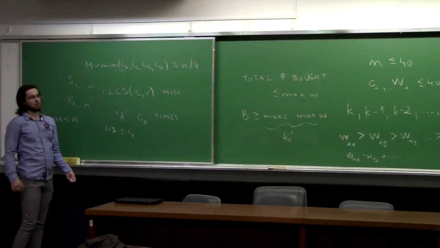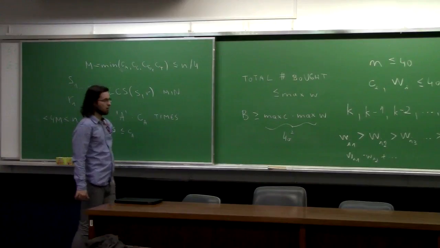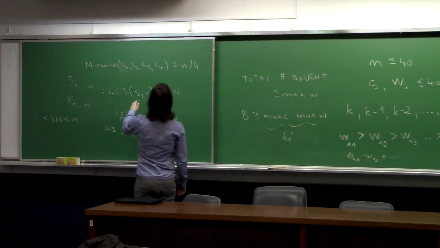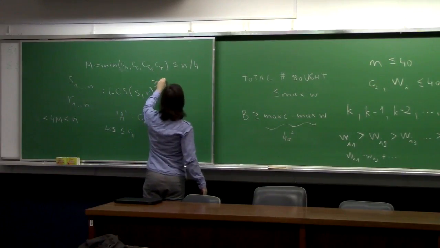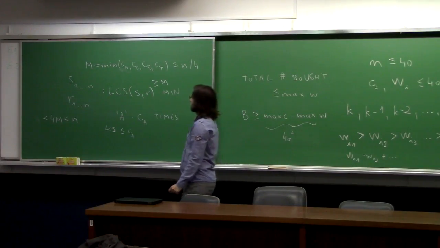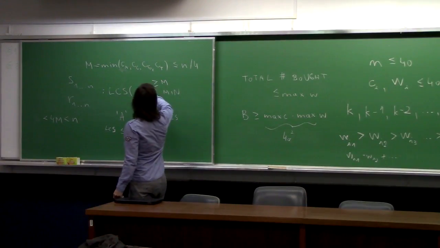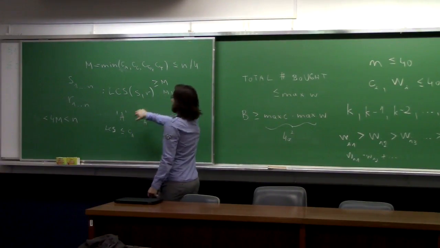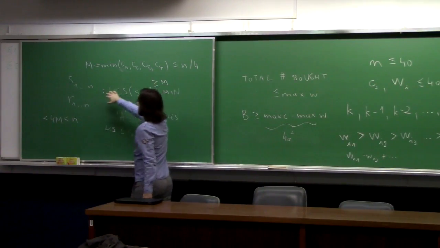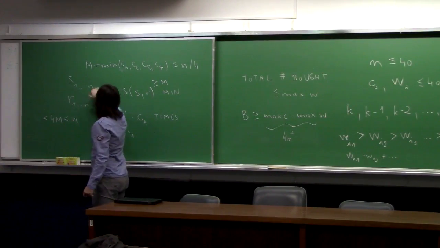So there must be some character in this string that appears at least m times, and this means the LCS will be at least m, because there is a character that appears at least m times in this string, and each of these characters appears in the other string at least m times.